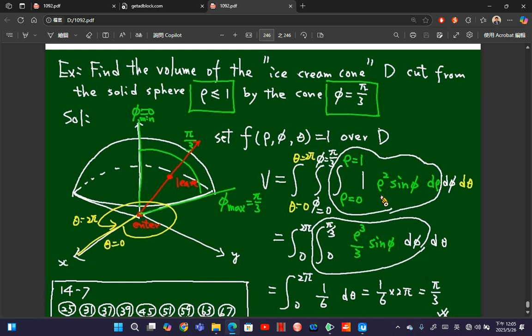And then this is an example of a triple integration in the spherical coordinate system. This is the upper surface.